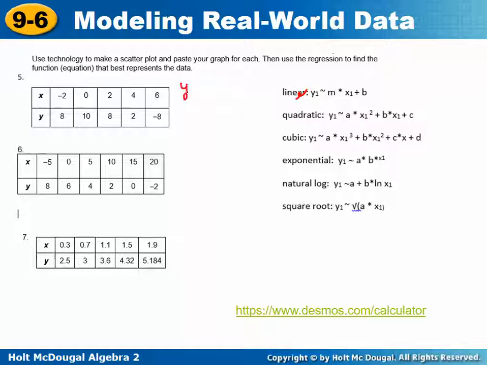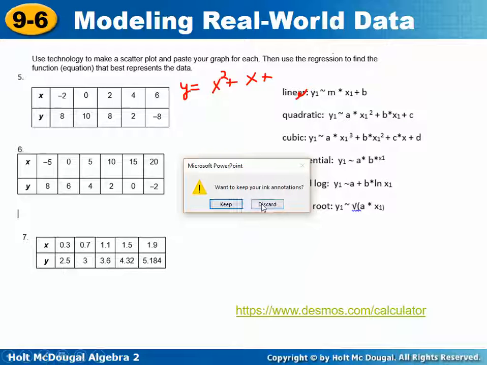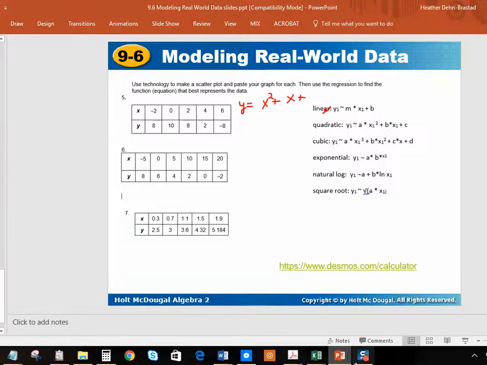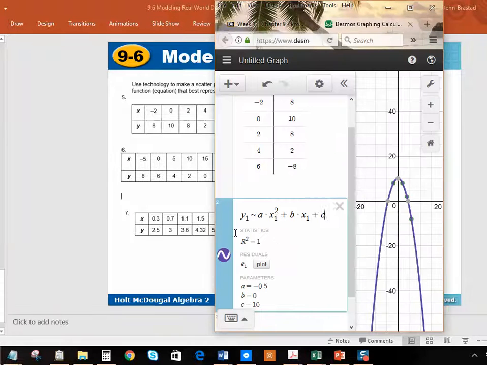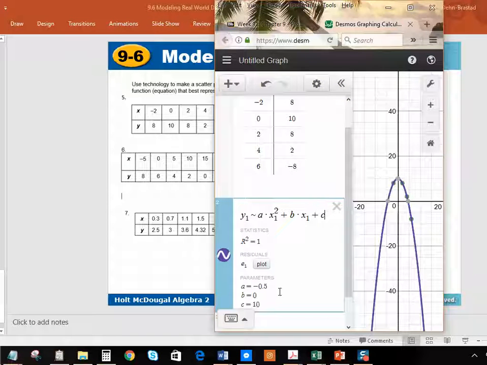So this is y equals something x squared. I have to look back at my graph to see what it was. Plus something x plus something. So now I've got to look back at my Desmos, where'd you go, Desmos? Here it is. So it was y equals -0.5 x squared plus 0x plus 10.